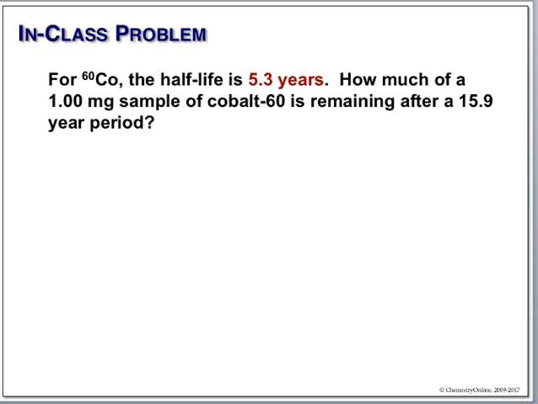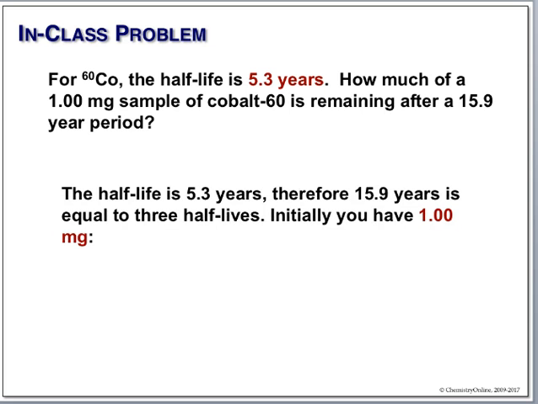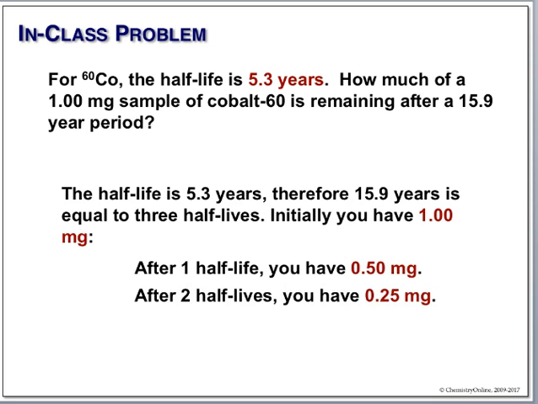We can do this in our head. When we start, we have 1 milligram, right? After 1 half-life, we have 0.5 milligram. After 2 half-lives, we'd have 0.25 milligrams. After our 3rd half-life, we would have 0.125, actually 0.13 milligrams left.